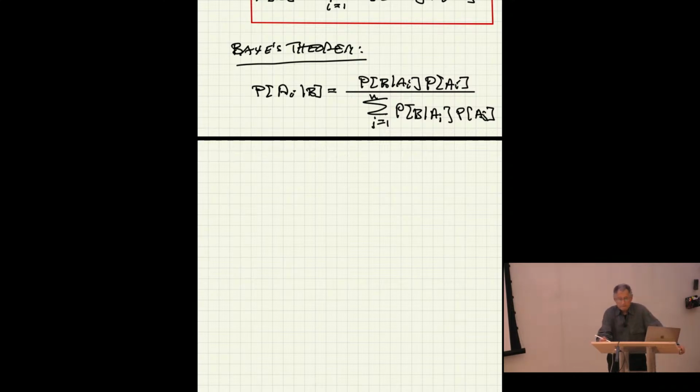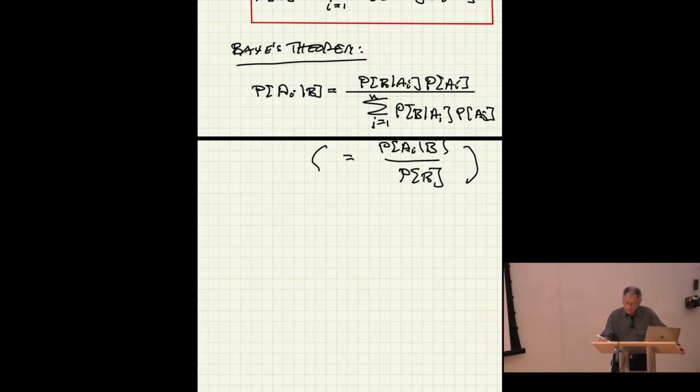Now, can you prove this? I'll show you here how easy it is. That thing on the left is simply, you'll know from the definition of conditional probability, the probability of A_i and B over the probability of B. Is the numerator in what I just put in parens the same as the numerator above it?